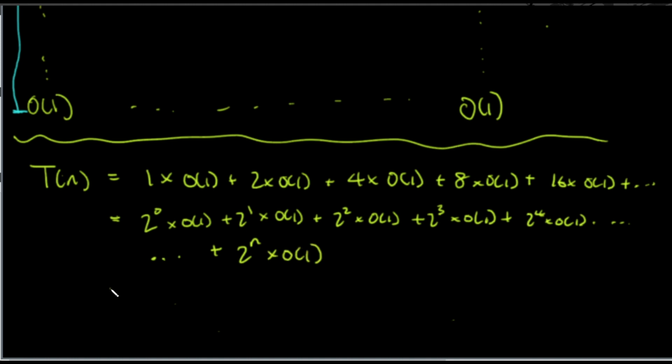Now if I were to write this in summation form, we can say that this is the sum from i equals 0 to n of 2 to the i times O of 1, which is O of 1 times the sum from i equals 0 to n of 2 to the i. And it looks like I've run out of space, so let's just do this in the next video.